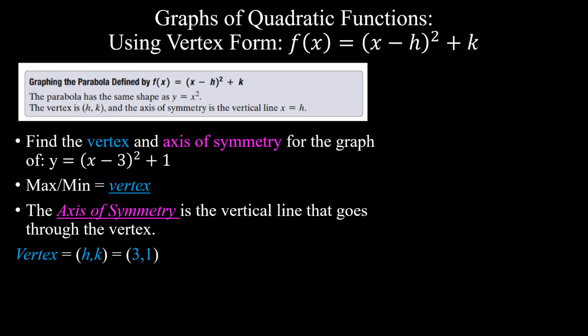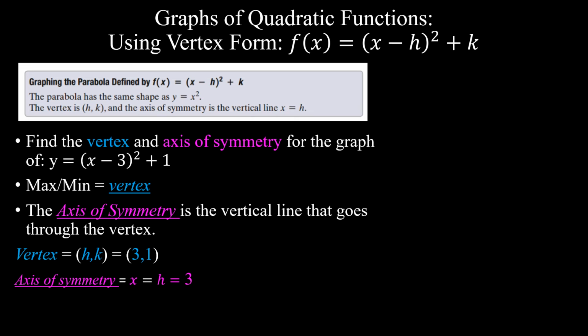So all I need to do is look at the function that I'm given here. Here's my h, and of course, here's my k right here. So I know the vertex immediately. The vertex here is (3, 1), right? My h was 3, my k was 1.